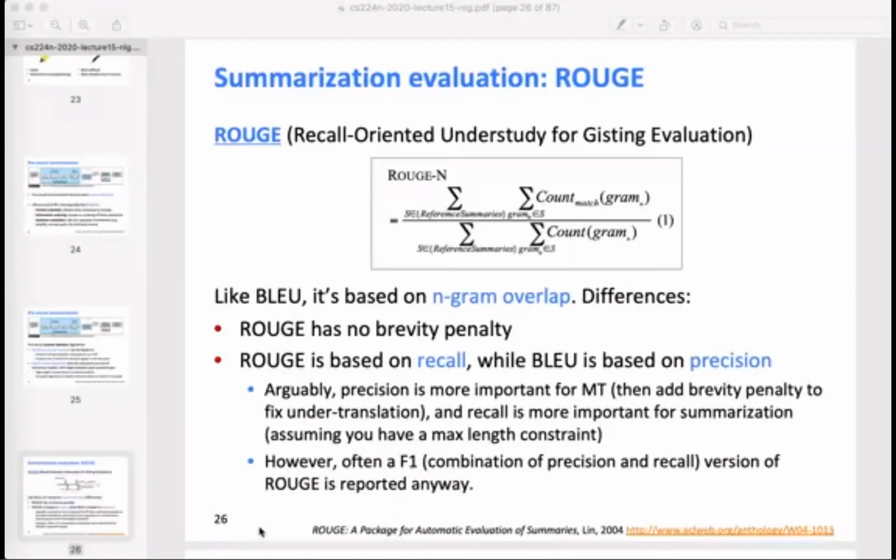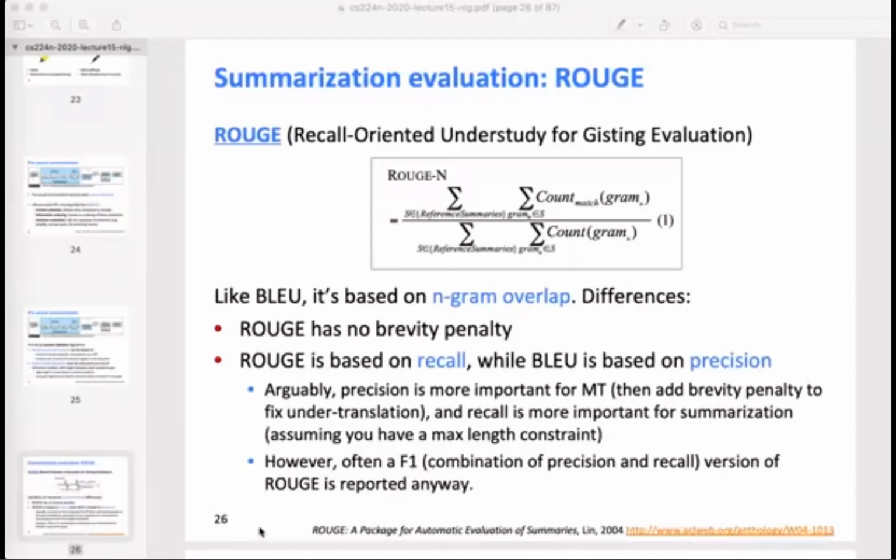So basically, it's not difficult to understand that precision is more important for machine translation with the metric BLEU, right? Because you might not want to include all those non-relevant words into the translation. And also, they would add this brevity penalty to fix under-translation, which means a shorter sentence probably won't contain all the needed keywords for this translation.